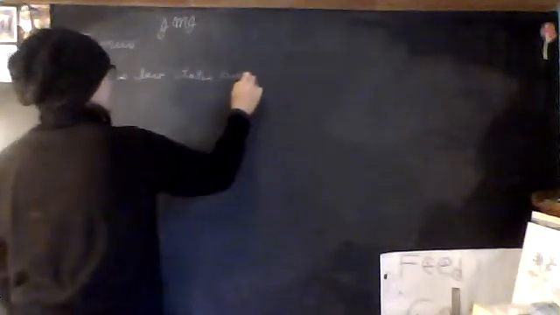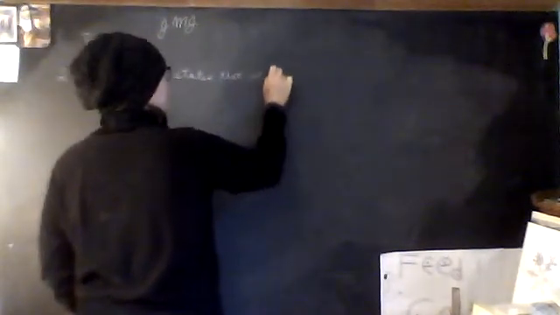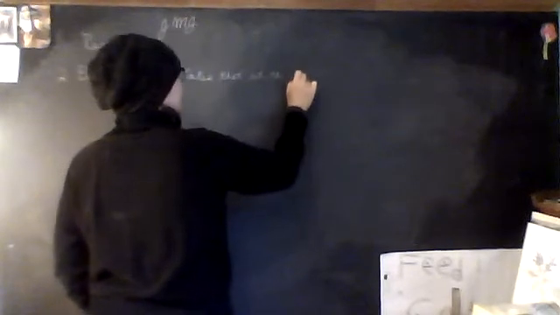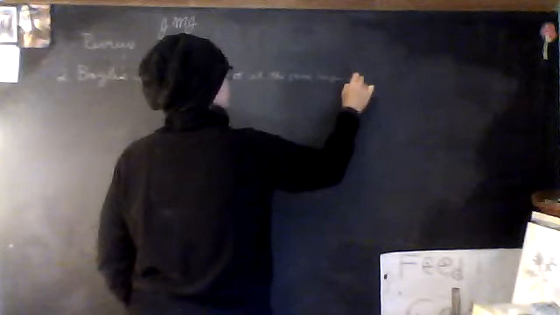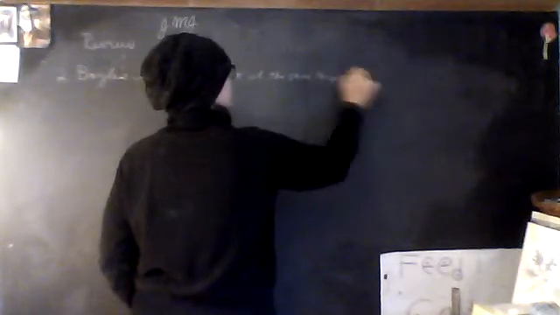So, at the same temperature. Did I say pressure instead of temperature? Because that's what I meant to say. I think you read it correctly. And at the same temperature, the product, these multiply, right?